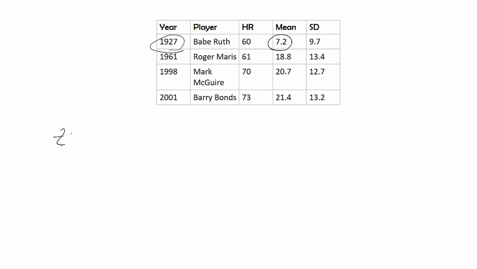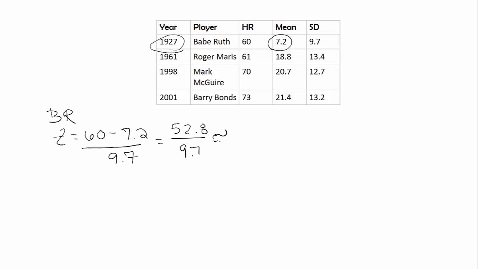If we want to standardize each one, we take their score, their observation, take away the mean, and divide by the standard deviation. This one is for Babe Ruth. If you do some math, you get about 52.8 divided by 9.7, and I'm getting around 5.44. That counts as almost 5.5 standard deviations above the average.